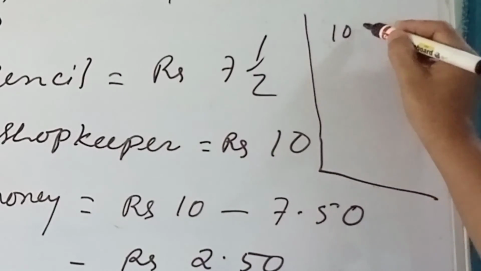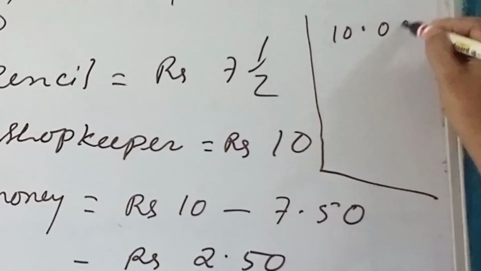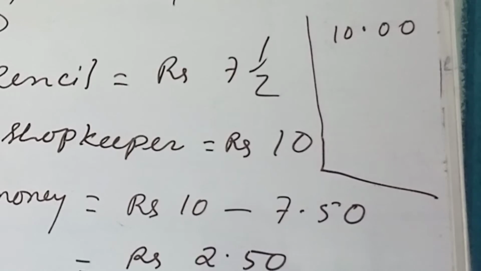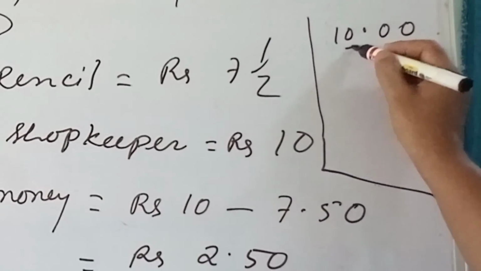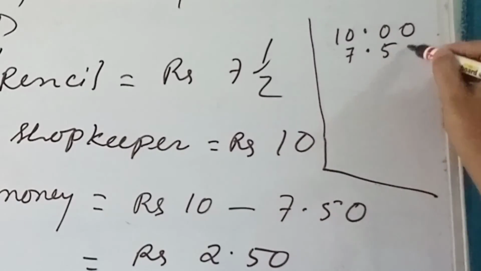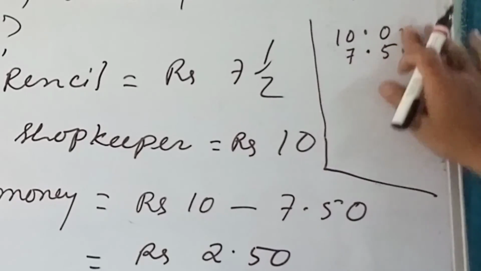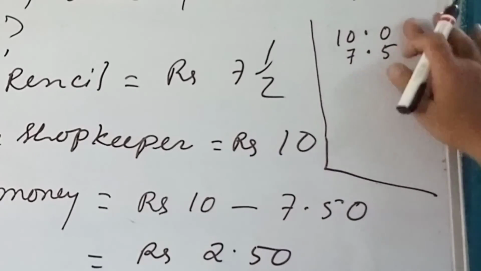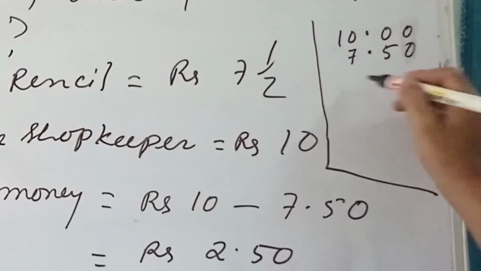You write like this: put the point here and write 2 zeros on the right hand side. Then you write 7 here, put the point again and this 50. Sometimes this 0 is not written, it is not necessary, but for better understanding, you write down 0.